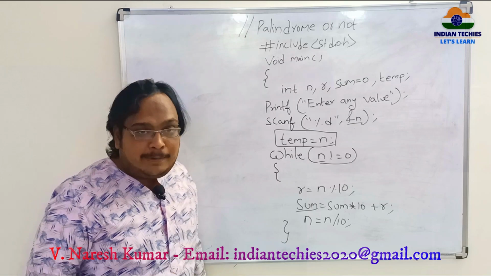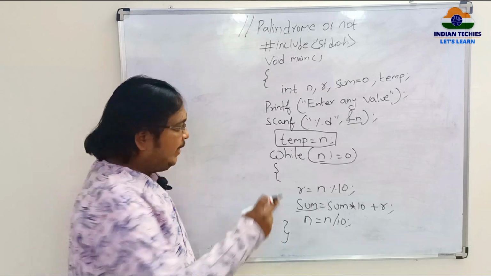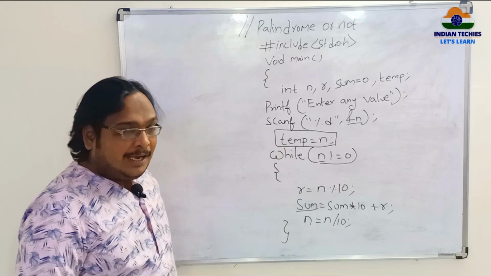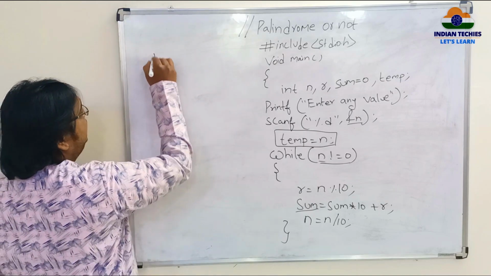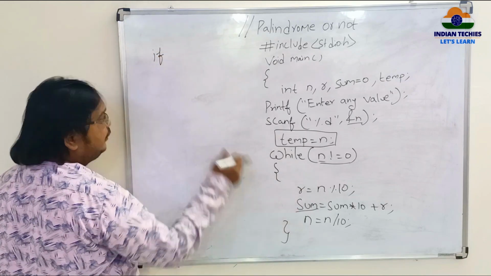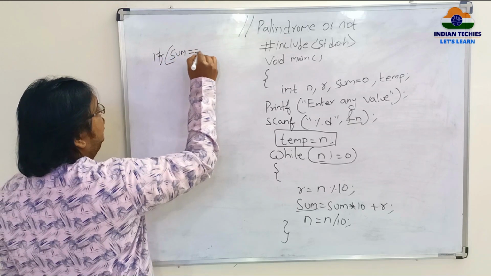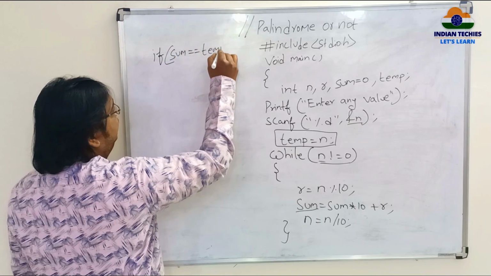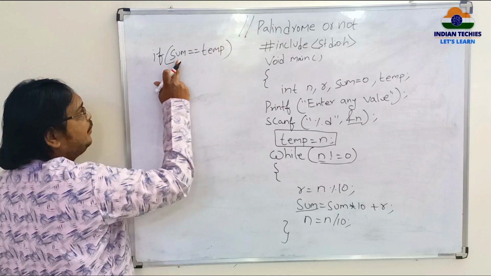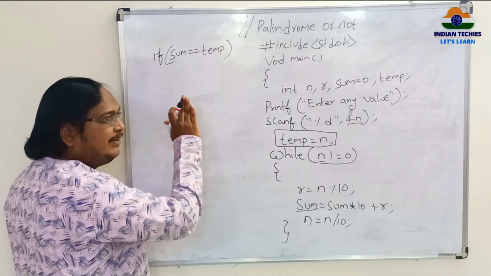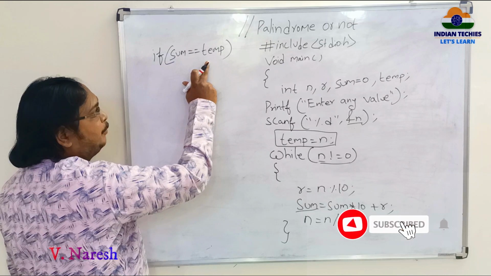So whatever the number I have given, a copy is in temp, so that I can compare. That is, if my calculated sum is equal to temp. So sum is your calculated value, that is the reversed value. Temp is your given input.